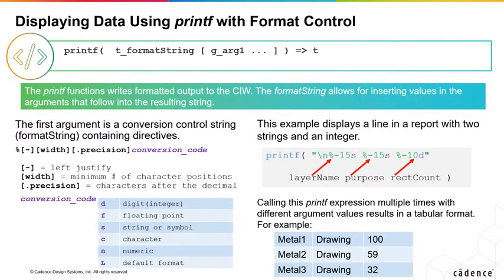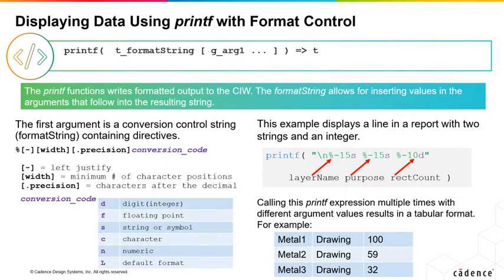And the key items here are, first of all, we see this \n, which means new line, followed by the %s, %s, %d, %d, %d, %d. So in essence, we have 2 strings and 4 integers.